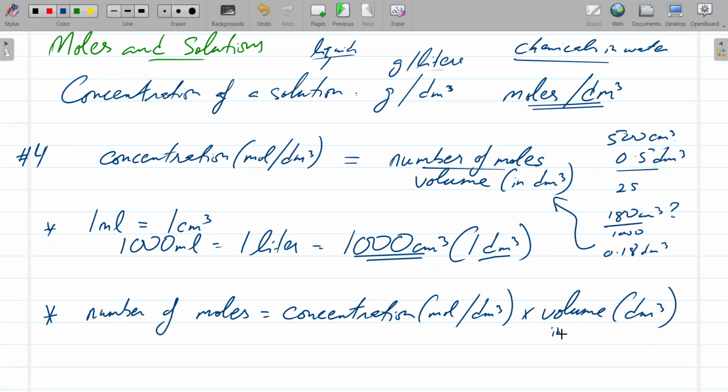Volume in solution, as the book says. The same thing, it's using it as you need. So let's do questions based on this, shall we?